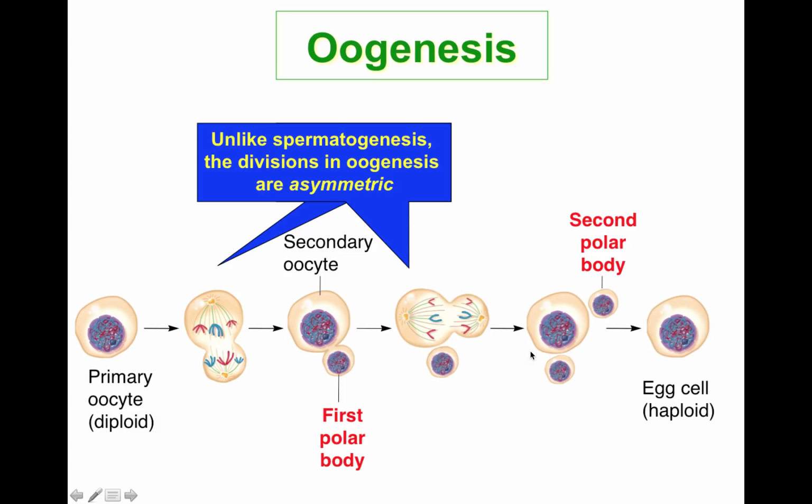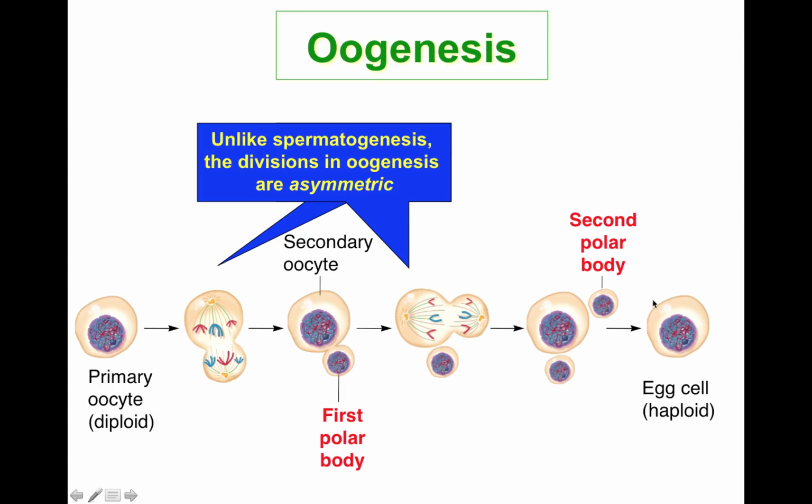And at the end of meiosis II, you end up with the second polar body. So oogenesis produces only 1 egg per primary oocyte, and that egg is haploid. You start out with a primary oocyte that's diploid, and you go through meiosis I and meiosis II to end up with a haploid egg, but only 1.